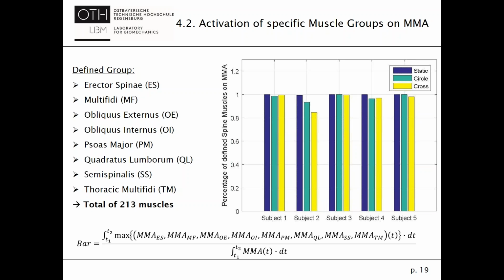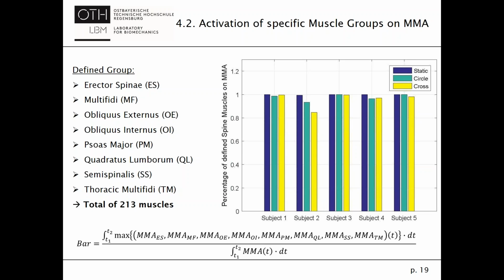The bars which you can see on the right side are computed in the following way. Each muscle group consists of several muscles, and only the maximum activity of one muscle is regarded. And then again, only the highest activation of all muscle groups is picked.